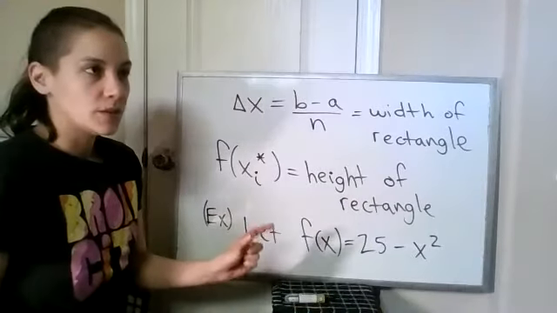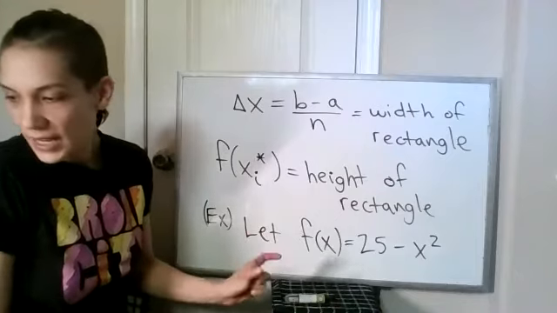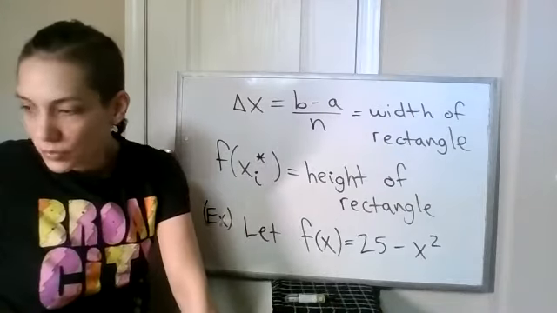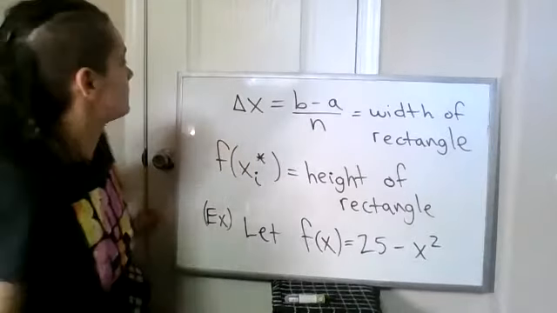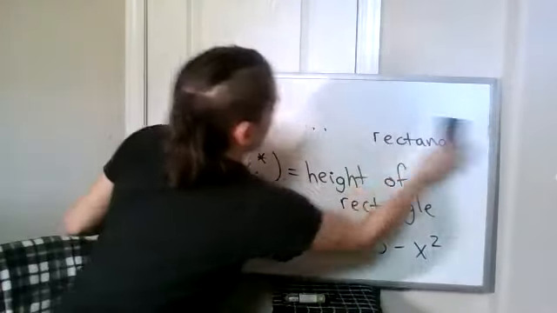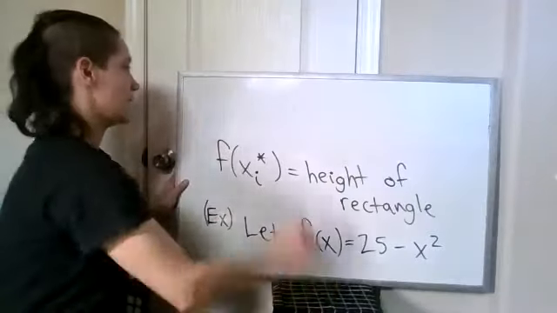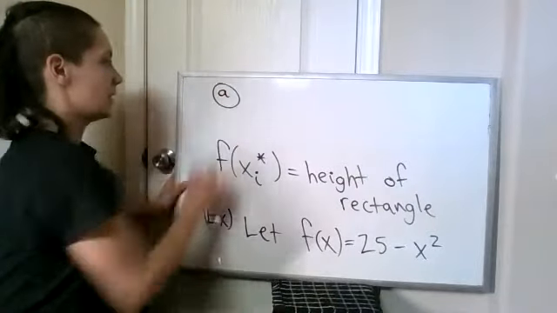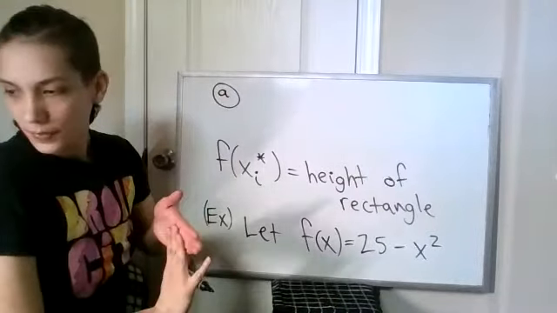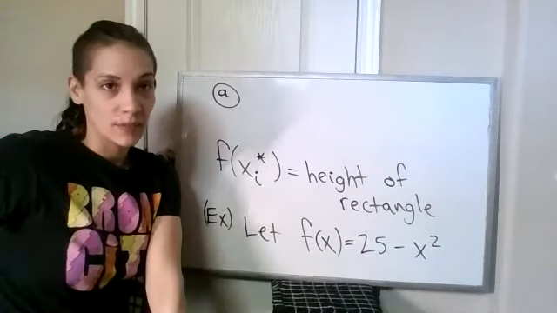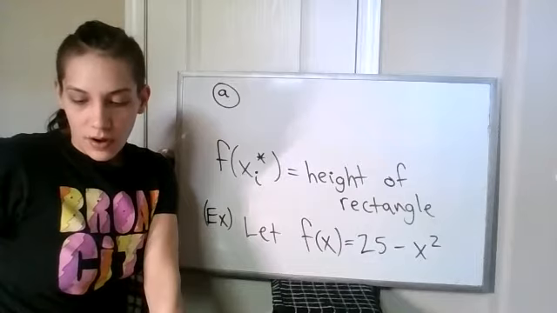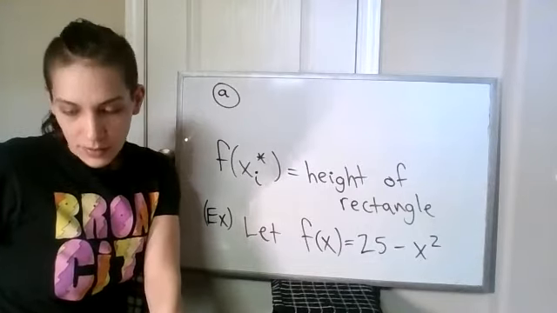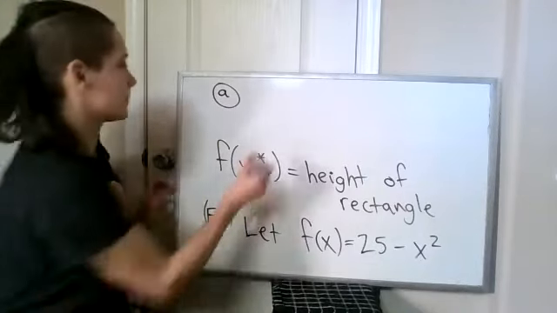So we're going to use the interval from 0 to 3 on part A, and then we're going to go from 2 to 4 for part B. Use right-hand endpoints to find the area on 0 to 3.